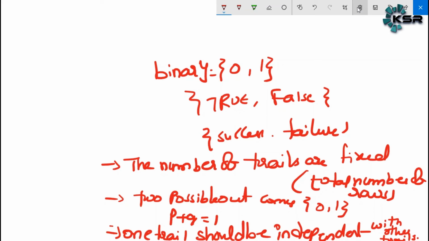Definitely. The property that the number of trials are fixed indicates the total number of rows. That means when we are building the model, you need a minimum number of observations, and we are considering the 467 records. Two possible outcomes: our dependent variable also has two possible outcomes, 0 and 1. We can say yes or no, true or false, success or failure.